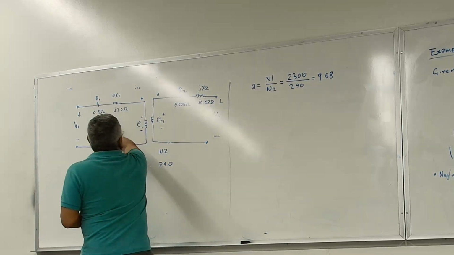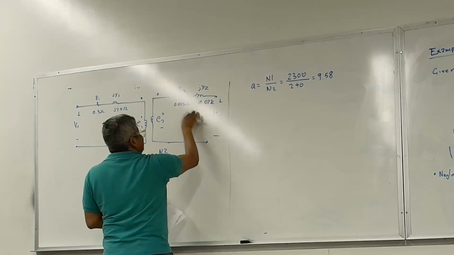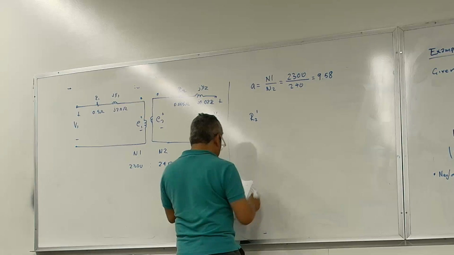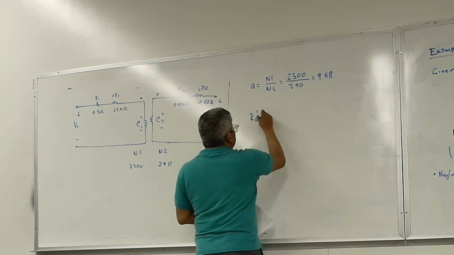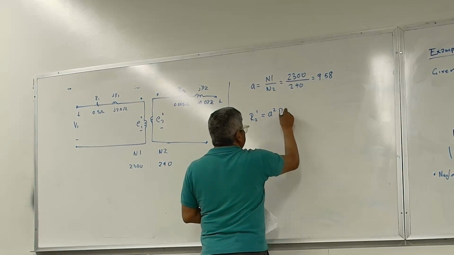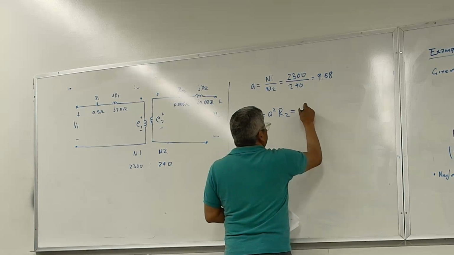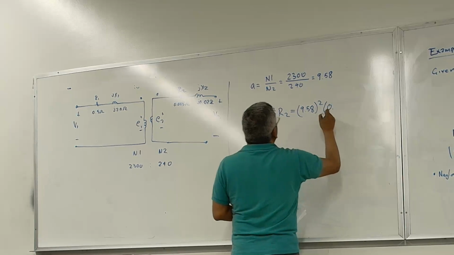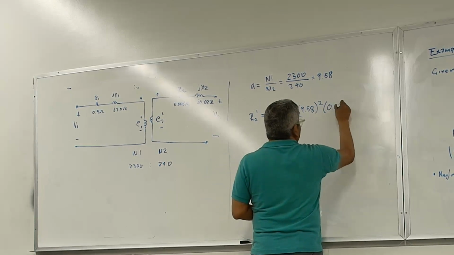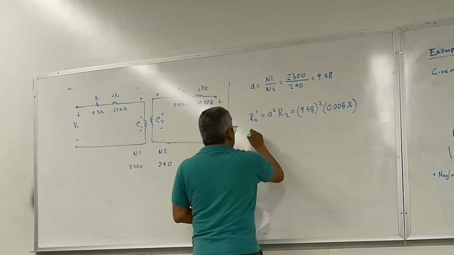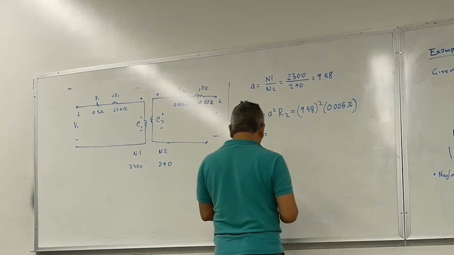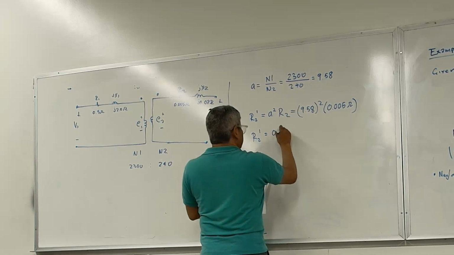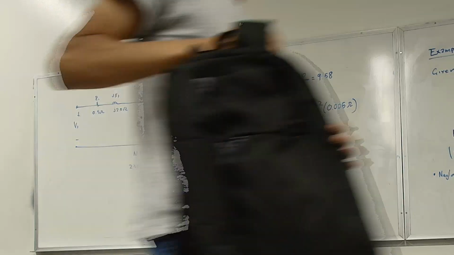So we're gonna transfer this to that side. So I'm gonna say that R2 prime is equal to A squared times R2, which is equal to 9.58 squared times 0.005 ohms. So R2 prime is equal to 0.46 ohms.